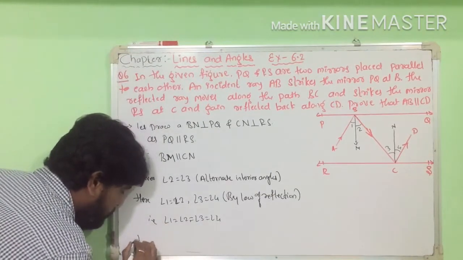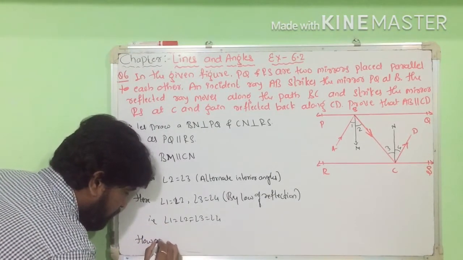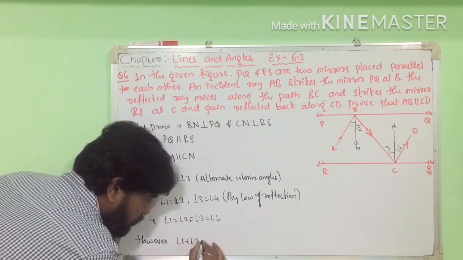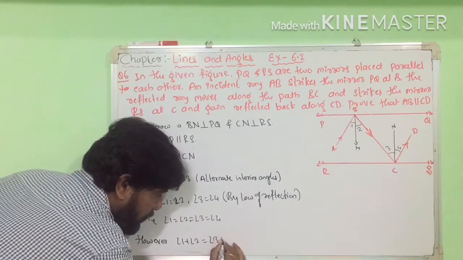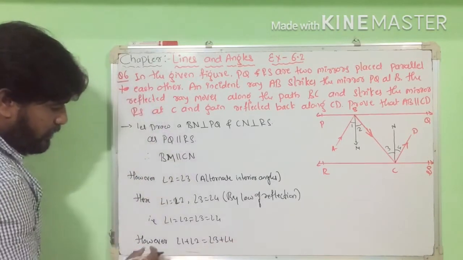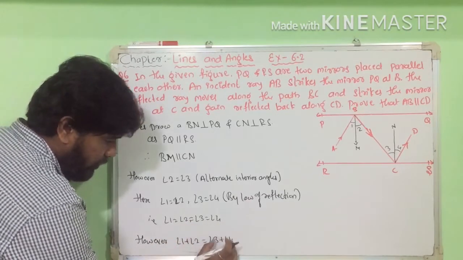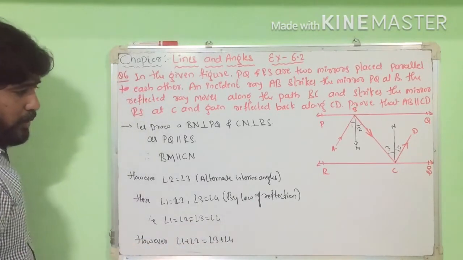So however, angle 1 plus angle 2 is equal to angle 3 plus angle 4. We can write it like this. All four are equal, so the sum of these two and the sum of these two are equal, right?